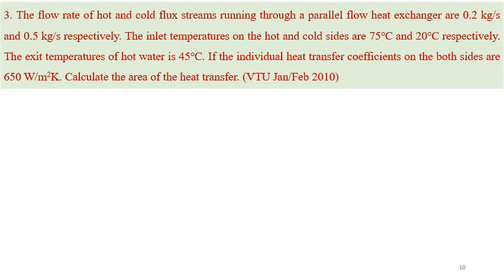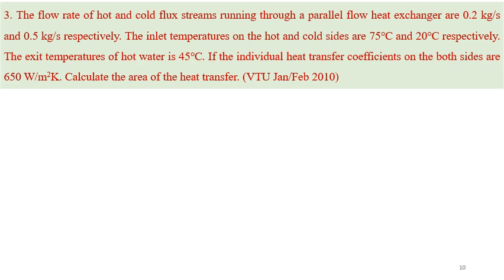The exit temperature of hot water is 45 degrees centigrade. If the individual heat transfer coefficient on both sides is 650 watt per meter square Kelvin, calculate the area of heat transfer. This question was asked in the VTU January 2010 question paper.